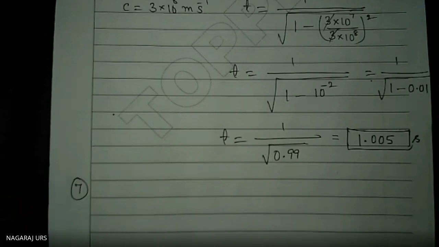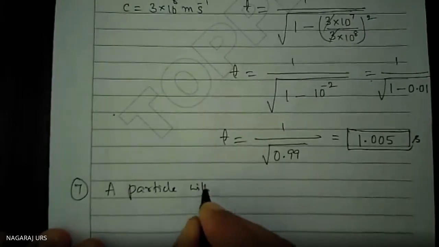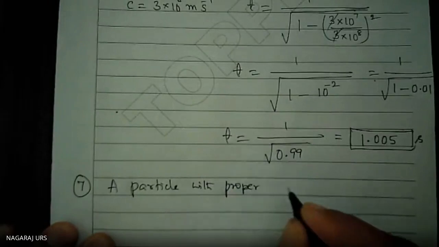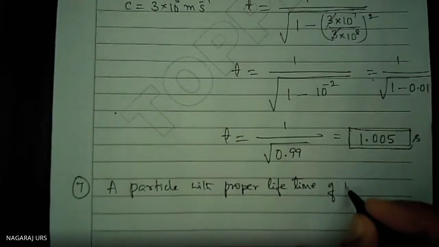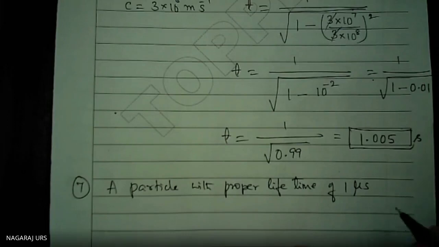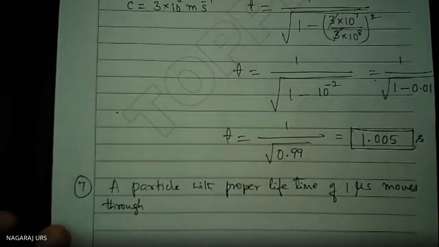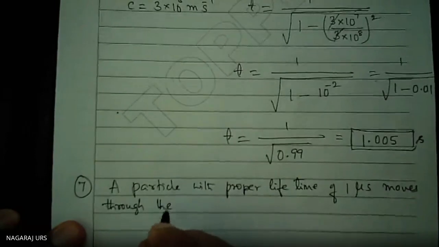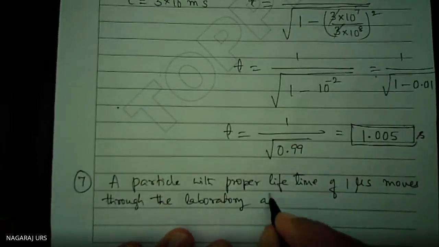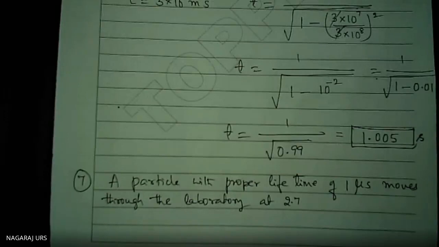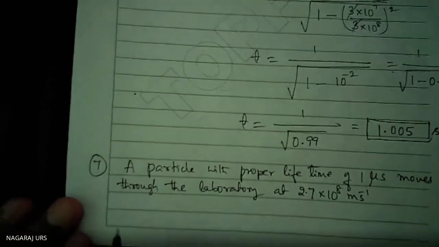A particle with proper lifetime of 1 microsecond moves through the laboratory at 2.7 into 10 to the power 8 meter per second. Question number 1.